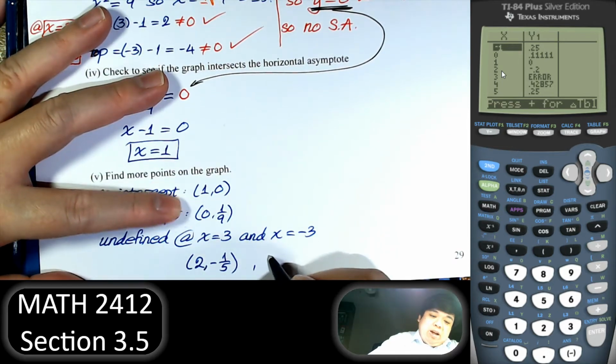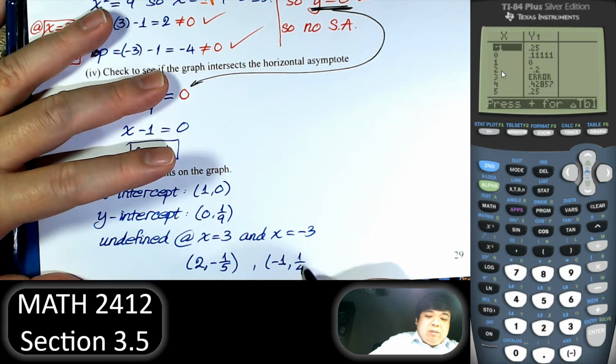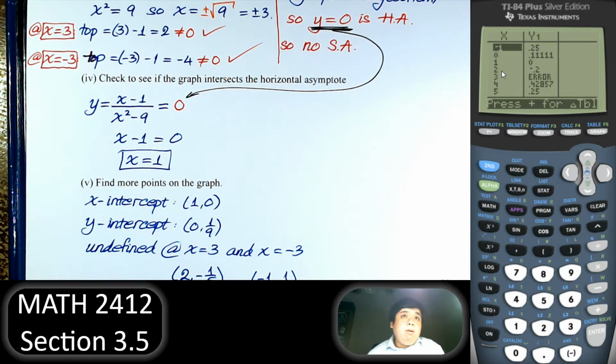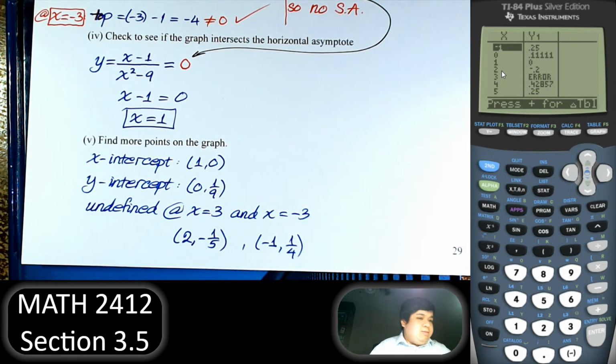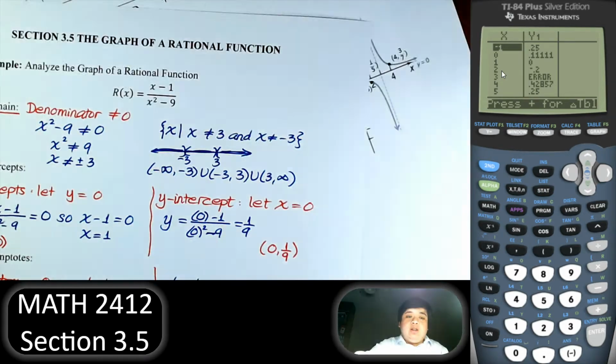And when we have -1, we have 1/4. Yeah, and so on. Just a few points. Right, it's easy. Put x values into the function, find y values.